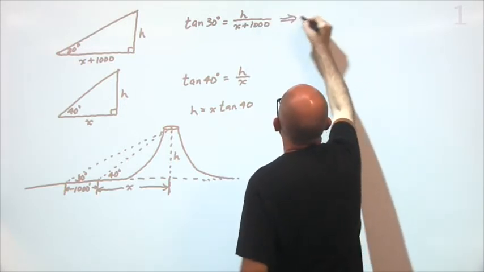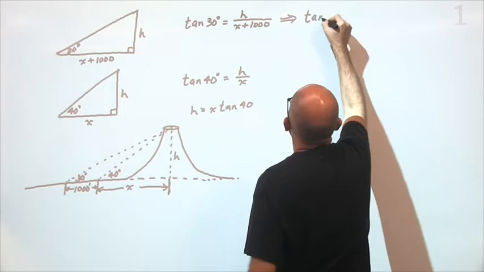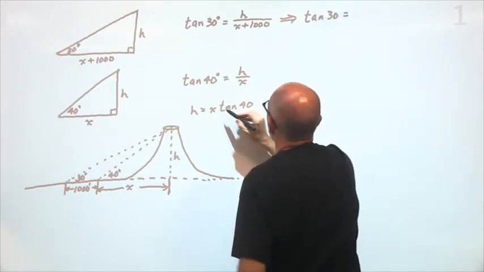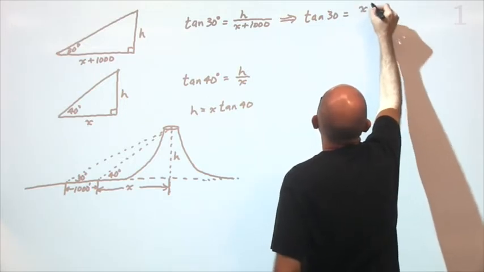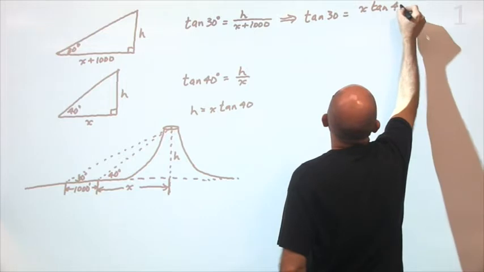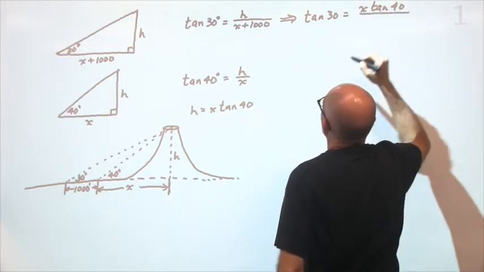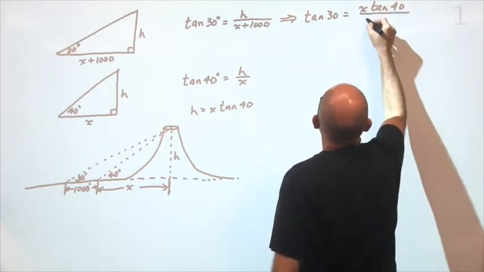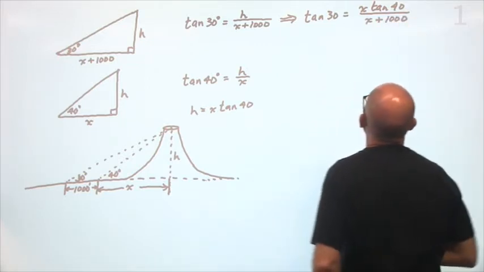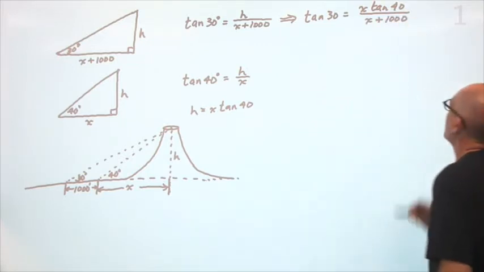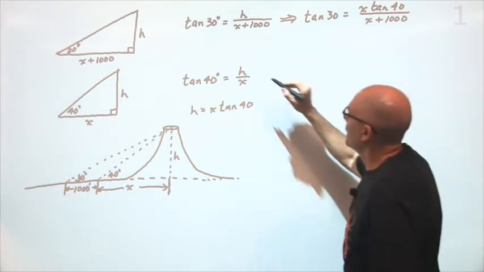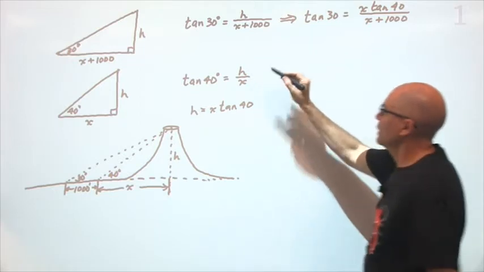So what I have is tangent of 30 degrees equals h, which is x tangent 40 over x plus 1,000. Now what I need to do is solve for x. Then once I get x, I can plug it back into this equation and get h.